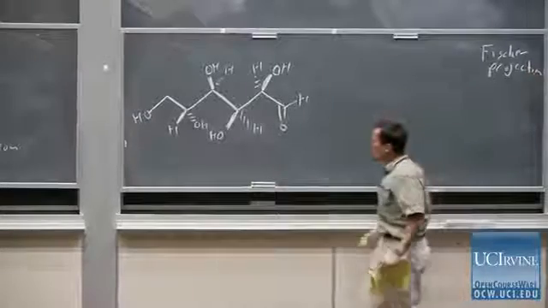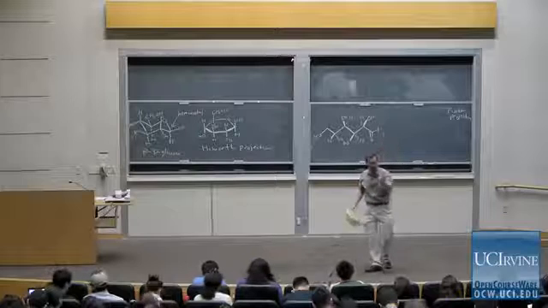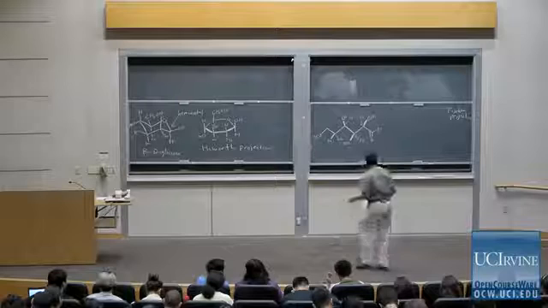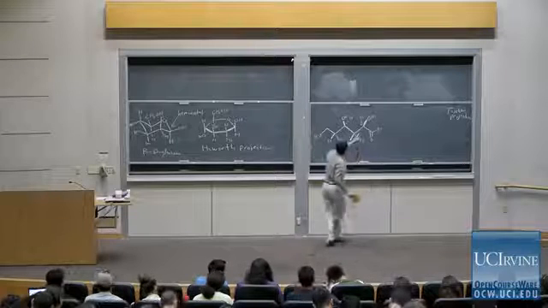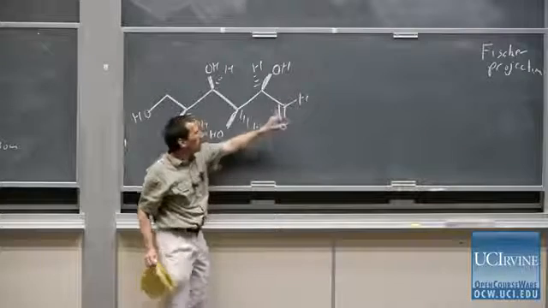And in a Fischer projection, what we're going to do is represent the molecule in a straight line. And we're going to represent it so it curves backwards, but we're going to show it as linear. We'll put the aldehyde group on top, traditionally.